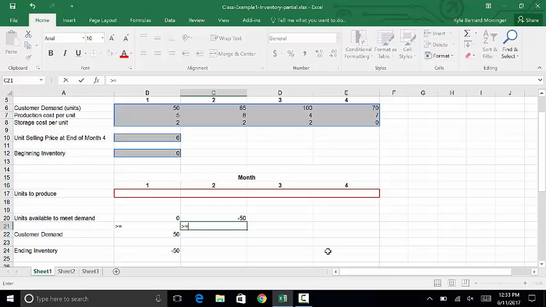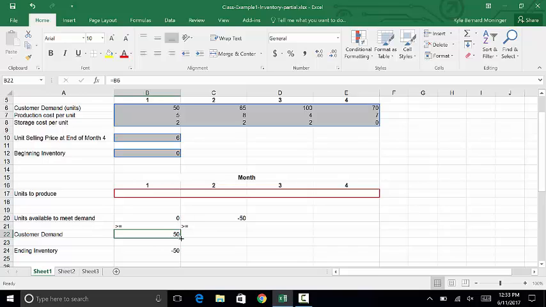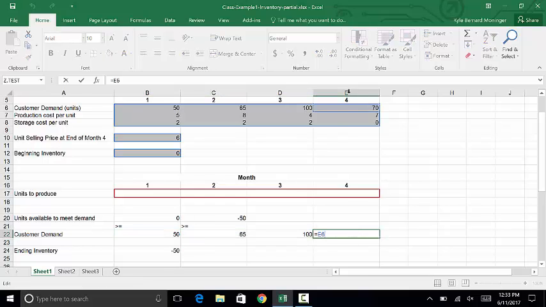That must be greater than or equal to the customer demand in month 2, 65. For this cell, I can drag it across. So hover my cursor over the bottom right-hand corner, so I get a black plus sign, and slide that across. That's just going to save me some typing. It's going to capture the customer demand for each month.